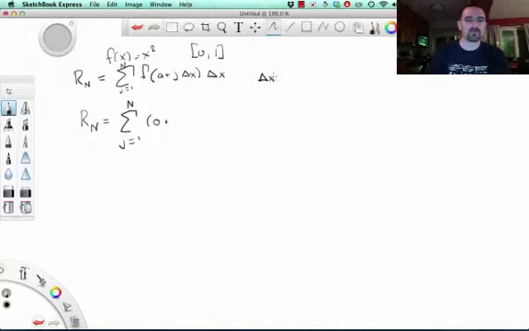Delta x will be 1 minus 0 over n, so just 1 over n. That's a pretty easy one. So j remains in there, and I'm going to have delta x, which is 1 over n. That's squared. And this delta x that goes here is again 1 over n.